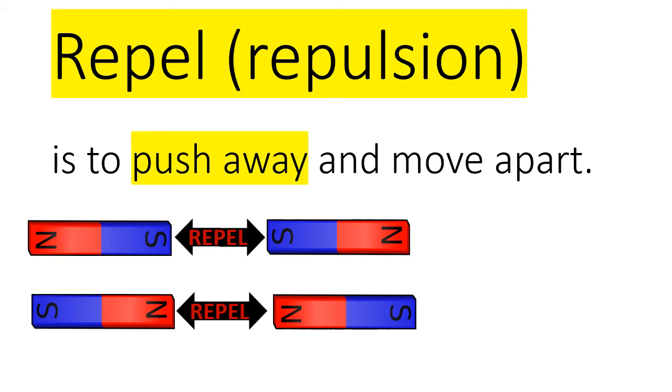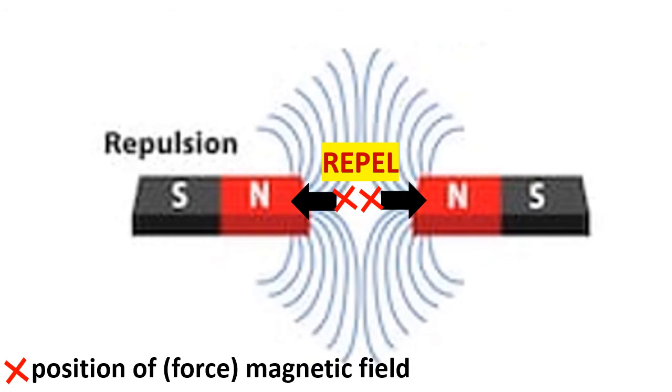It was difficult to put them together. We called that repel, okay? And so repel is a push force, and it's the magnetic field that exerts the push force when you try to put the north poles together or the south poles together. That's repulsion.